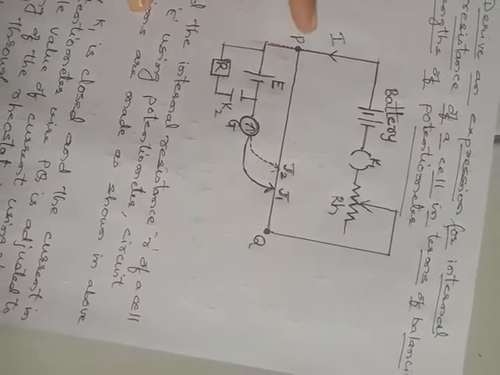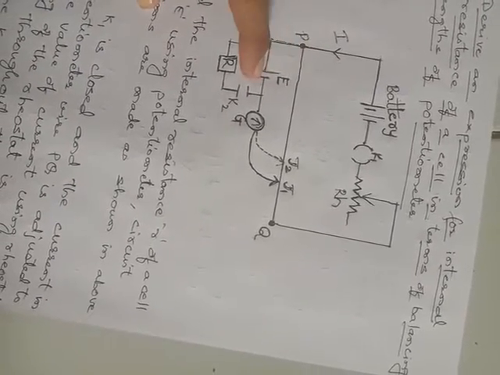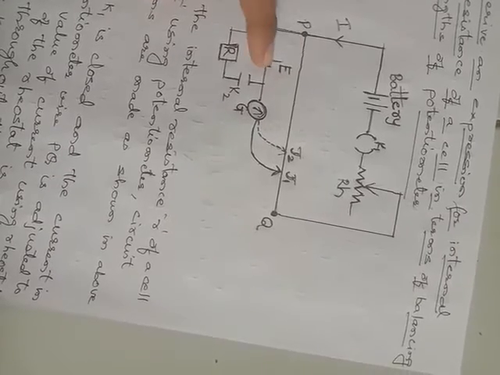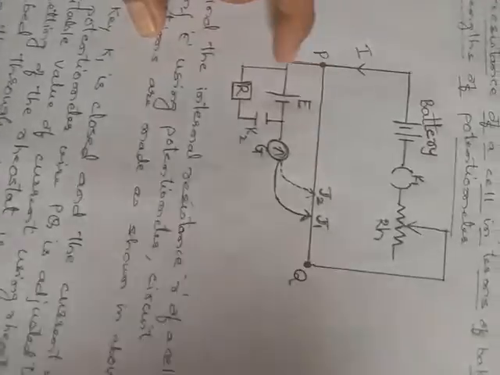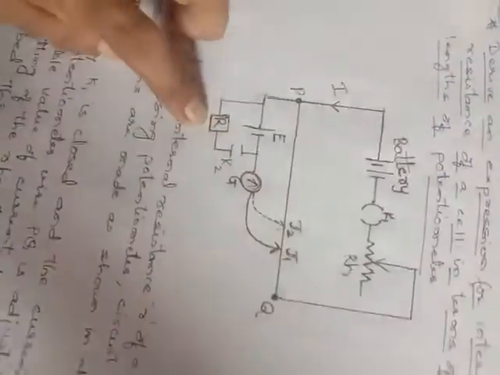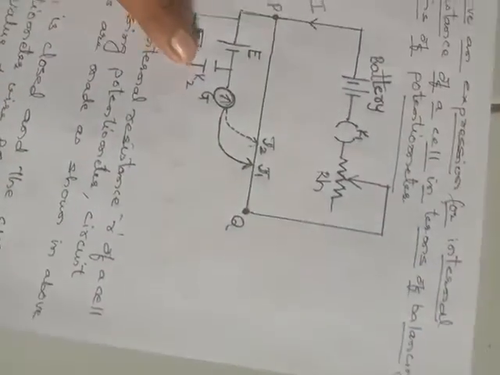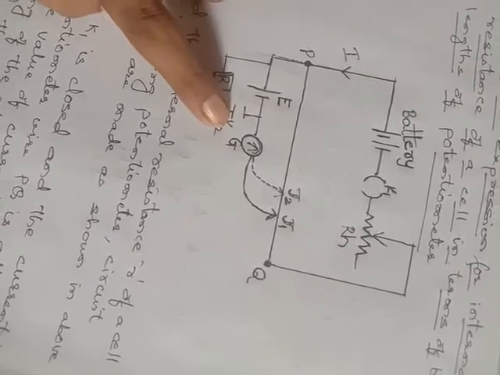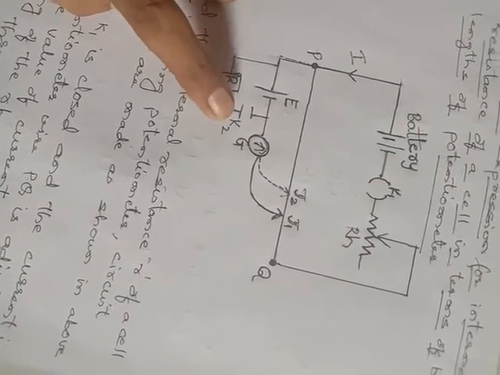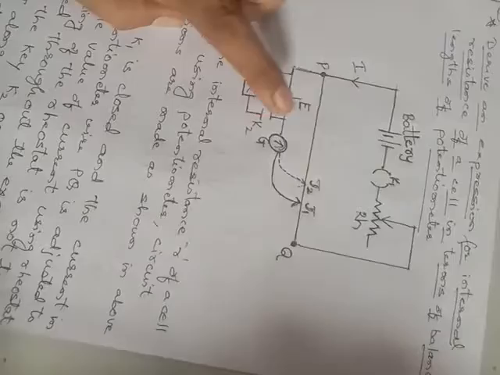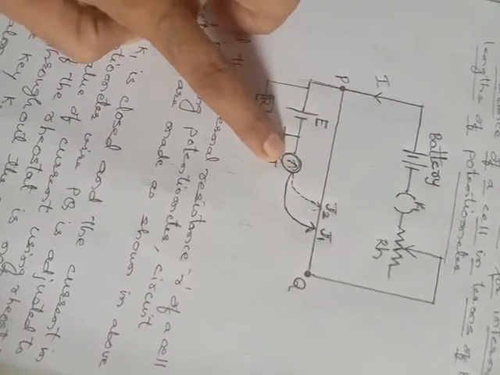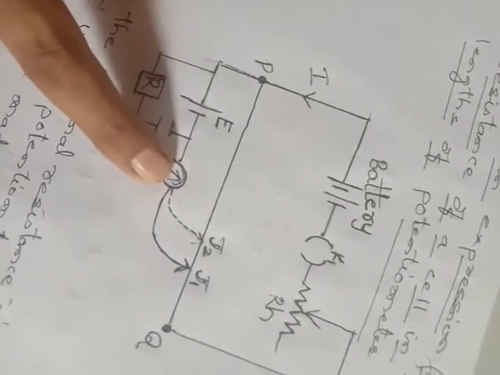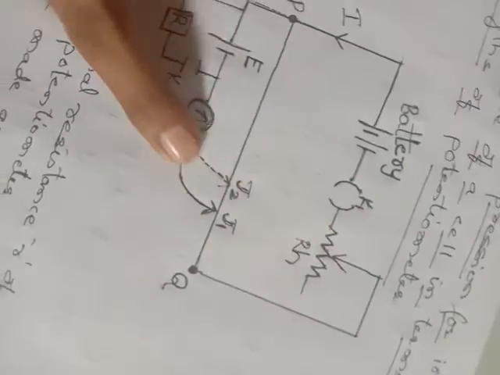Similarly to the point P, we have to connect the cell whose internal resistance is to be found out. अब क्या किया है, ये सेल का और एक नॉन रेजिस्टेंस बॉक्स is connected with a plug key. This is the second plug key, this is the first plug key, and one end of the plug key is connected to the galvanometer, and from the galvanometer jockey is connected.